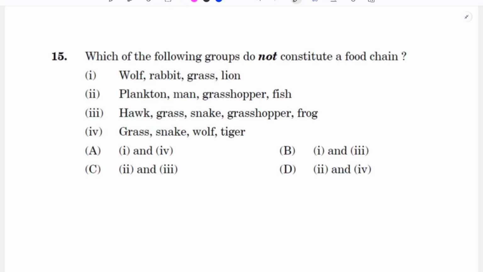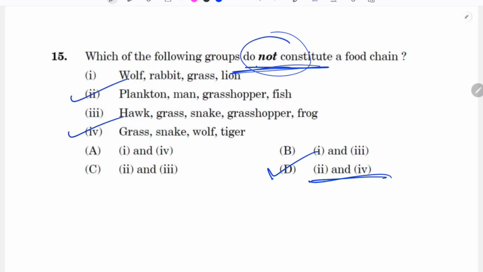Clear? Now, I will directly go to the answer, and the correct answer here is option D. Option D is the correct answer. 2 and 4. Here you have to be careful. 2 and 4, they do not constitute a food chain.